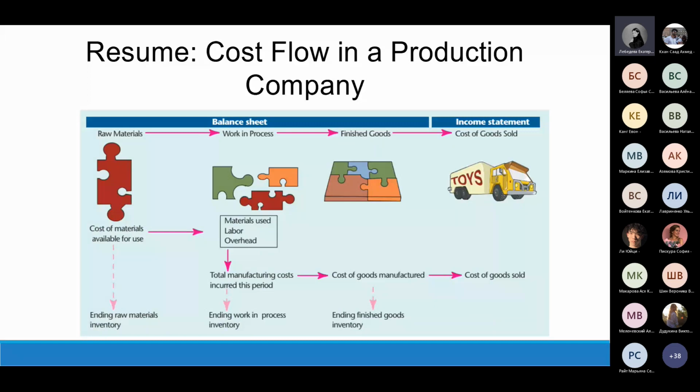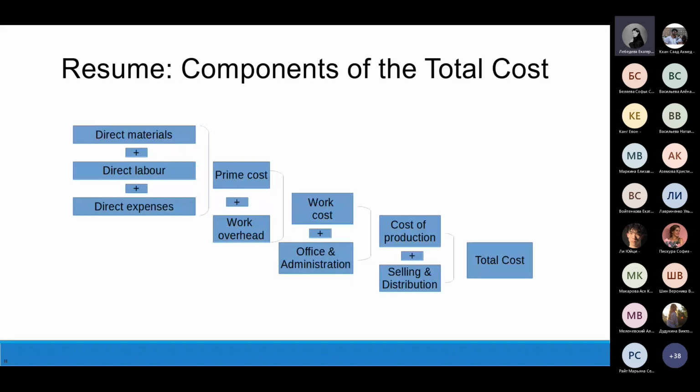So our task, the task of the costing method, is to understand better the nature and behavior of the cost, and the basic value chain is presented here. Components of the total cost on each stage of this value chain. First of all, we take direct materials, labor, and expenses. It is a prime cost, you know.